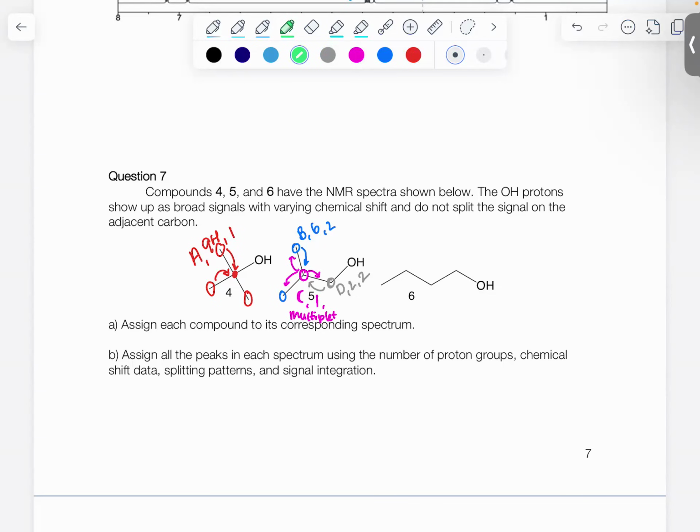Next, we have this chain where we have, we'll call this signal E, which has 3 protons. It sees 2 neighbors, so we would expect a triplet. Then we have F, which is 2 protons. It sees 3 to the left, 2 to the right. So you would expect a sextuplet in the splitting.